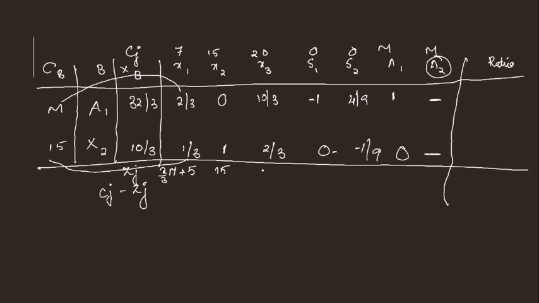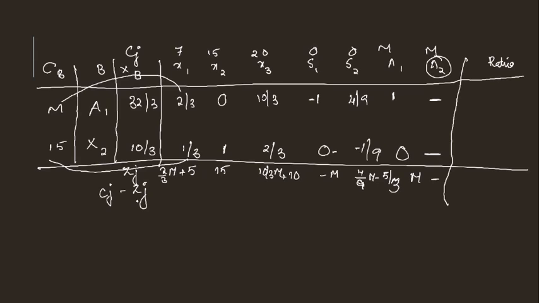Please calculate that and see whether you are getting the answers. 10 by 3m plus 10 minus m, 4 by 9 m minus 5 by 3, and corresponding to this variable a1, it is m.